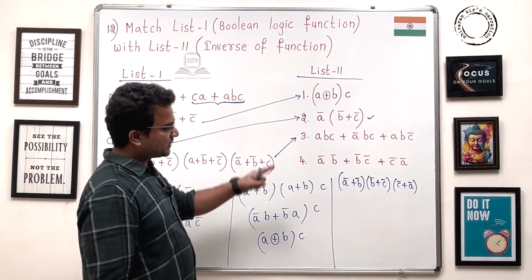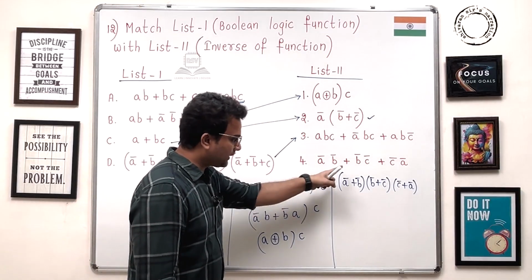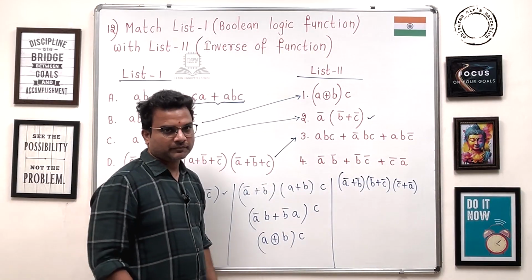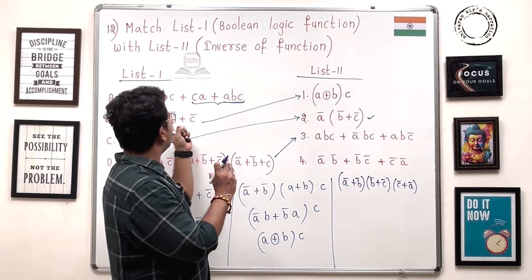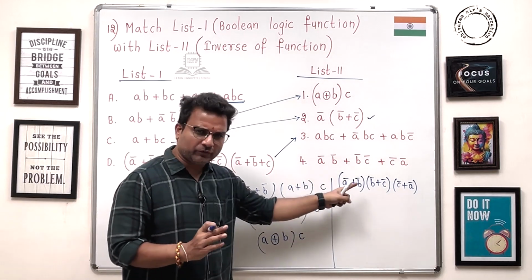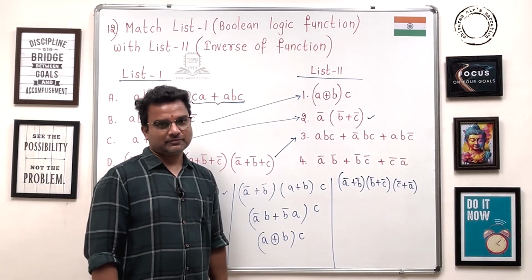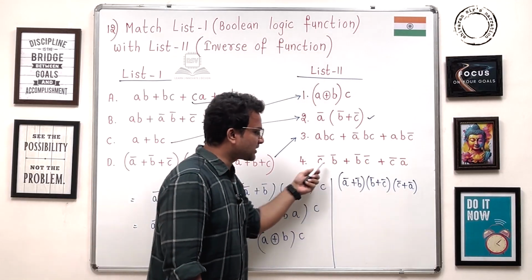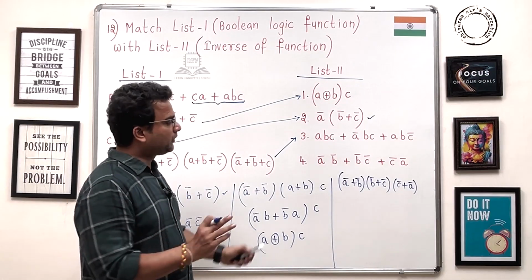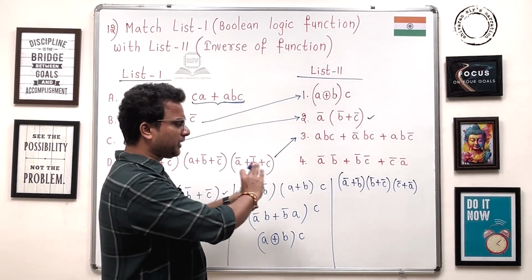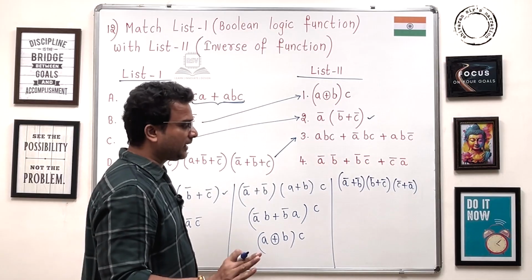Now, you see in the options, it is in the SOP form only. Normally, if you take the complement in this way, you get the POS form. Yes, but that is not in the options. In the options, it is in SOP form. Hence, you need to expand this again.